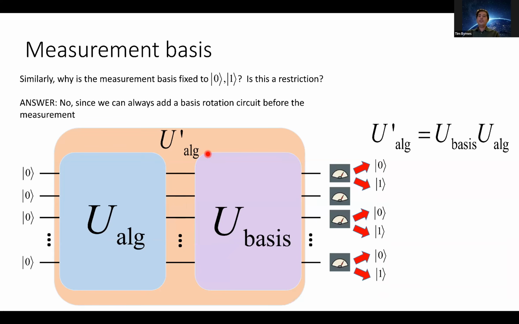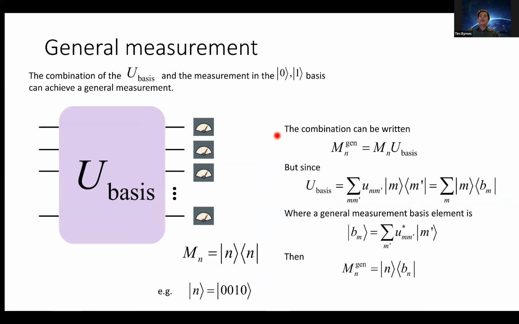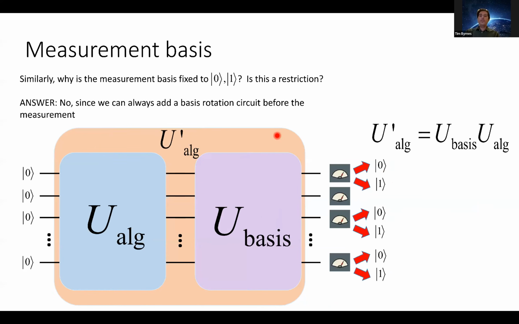So if we wanted to measure in a different basis, we can combine the algorithm itself and this basis change part into one giant unitary, and just call that the algorithm.